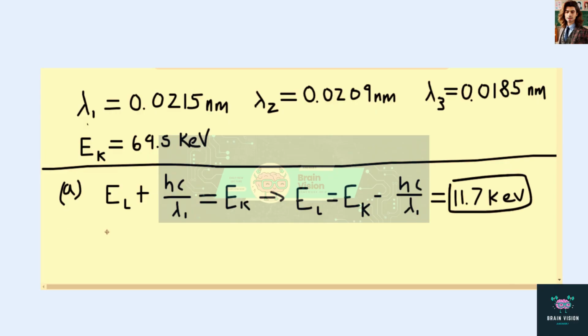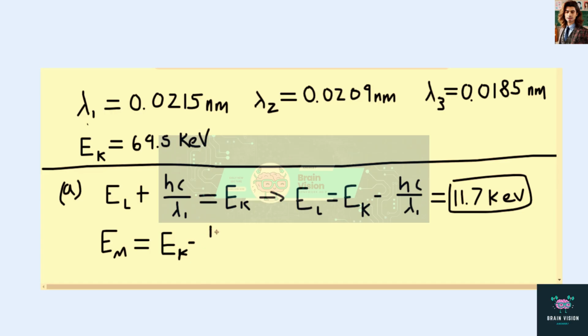Now we just have to do the same thing for the M and the N. E sub M, in the same manner, is going to be equal to E sub K minus hc over the wavelength of the light emitted going from the K to the M shell. M is the middle one between L and N, so this is going to be the middle wavelength, or lambda 2.